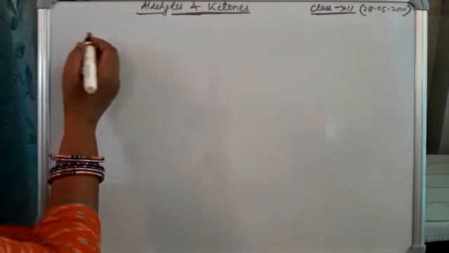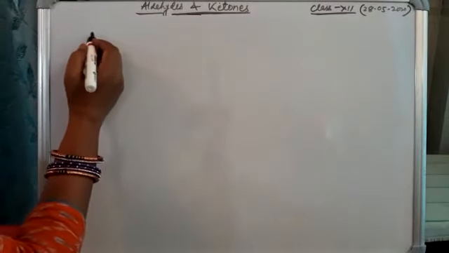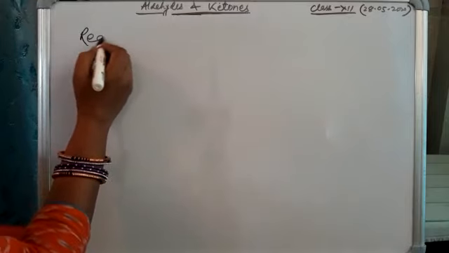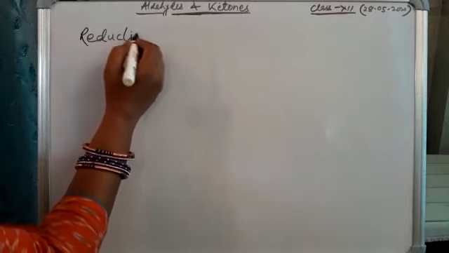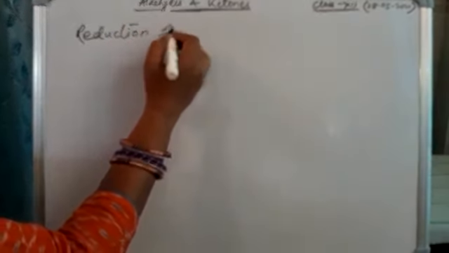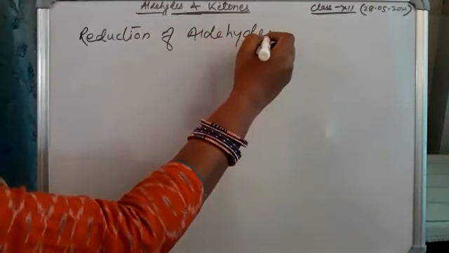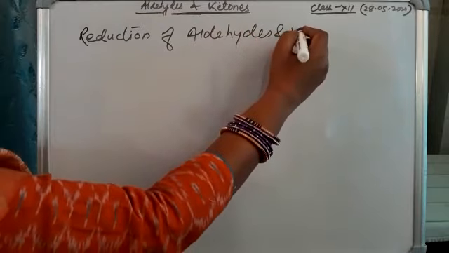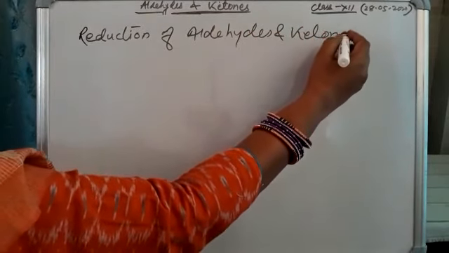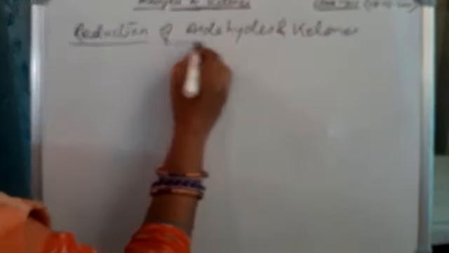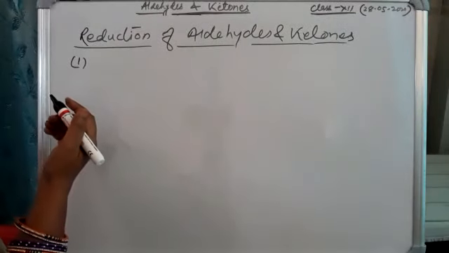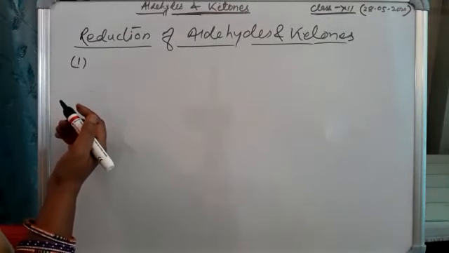Now today's topic is reduction of aldehydes and ketones. Here we will study two named reactions, Wolff-Kishner reduction and Clemmensen reduction.